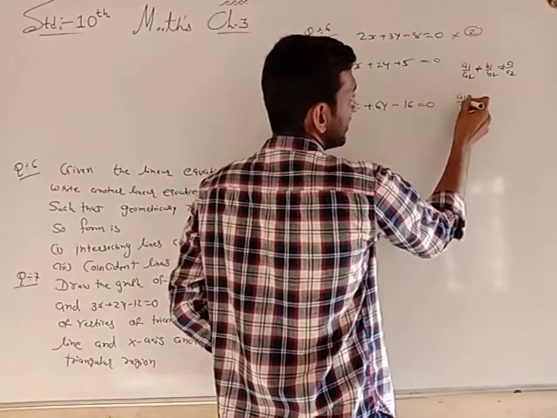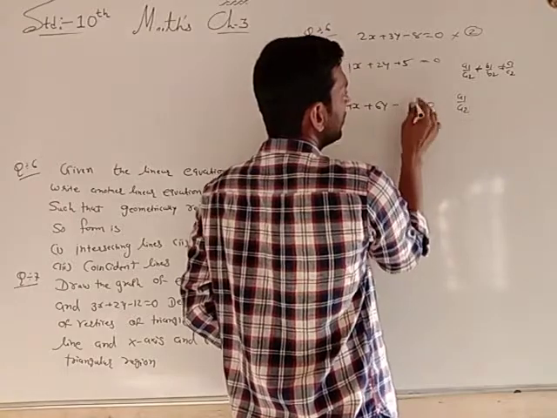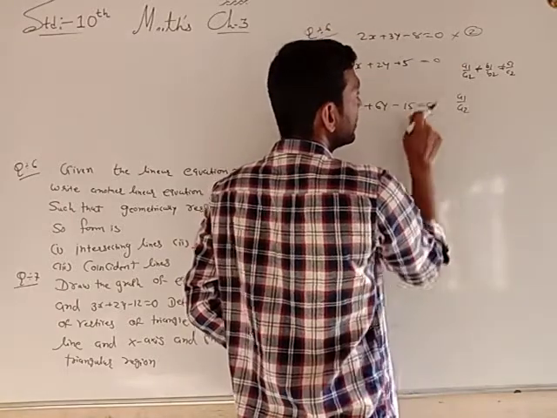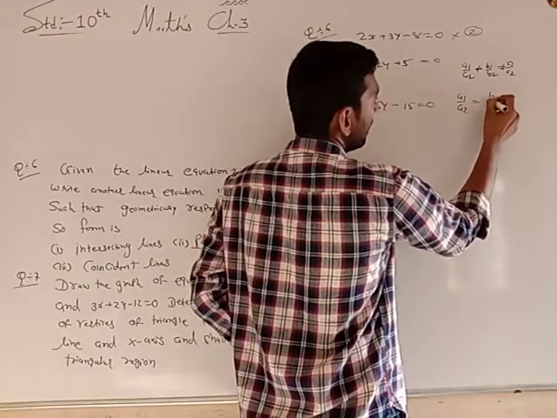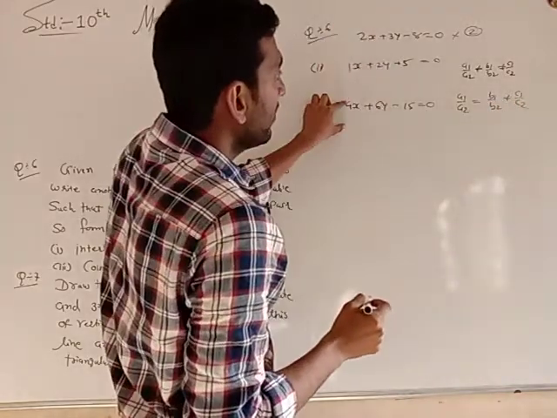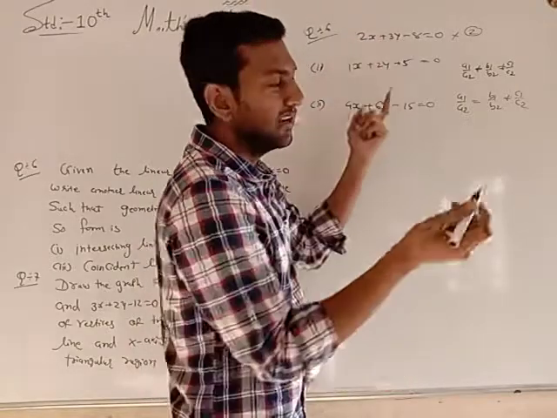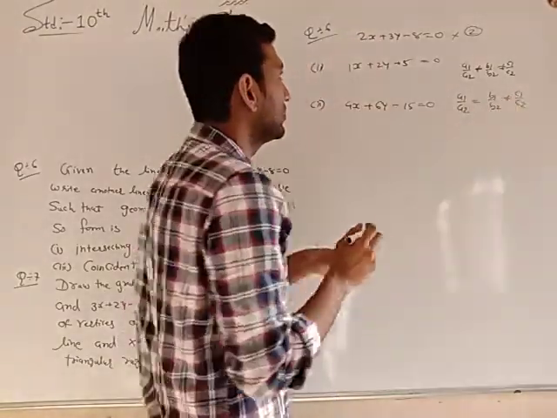So this condition is satisfied, and c1 does not equal c2, so b1 upon b2 does not equal c1 upon c2. See, 2 by 4 means 1 by 2, 3 by 6 means 1 by 2, 8 by 16 does not equal c1 upon c2.